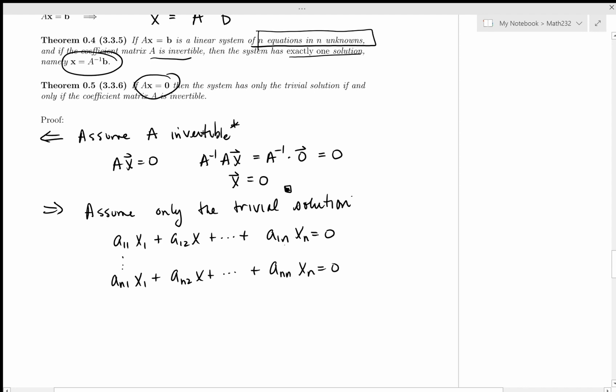There they all are. So these are all my equations. If I have a linear system like that, it's homogeneous, and it has only the trivial solution. That's our assumption. It only has the trivial solution.